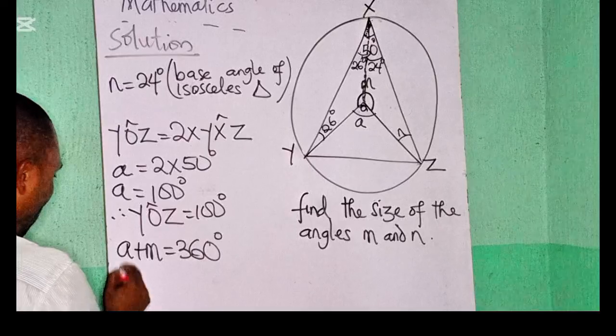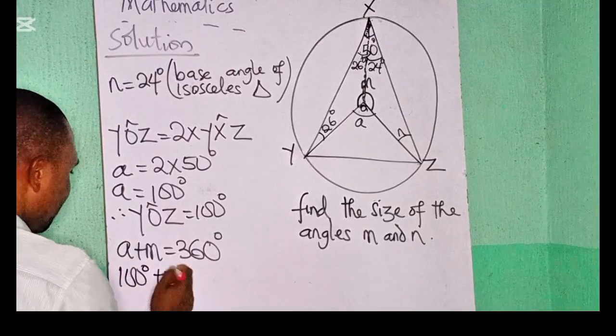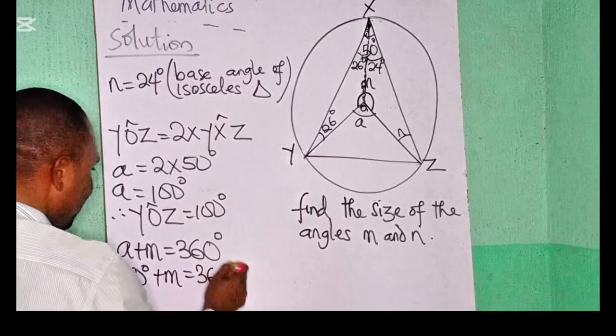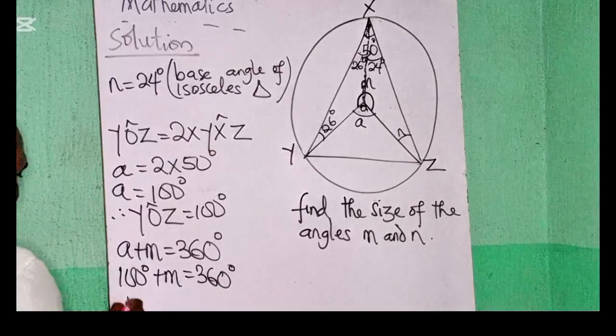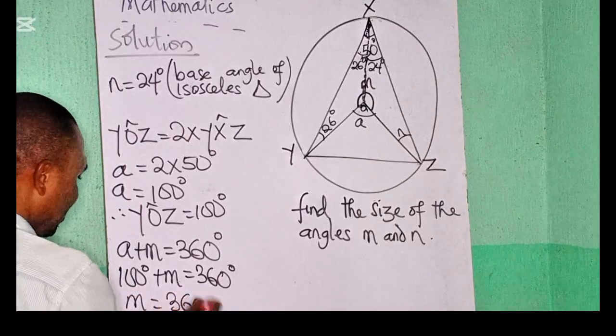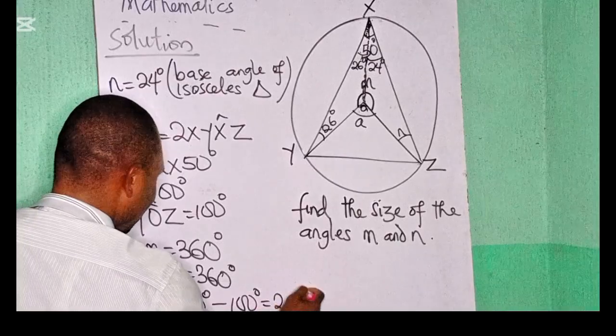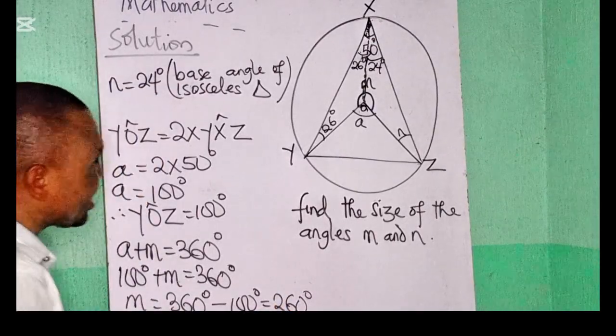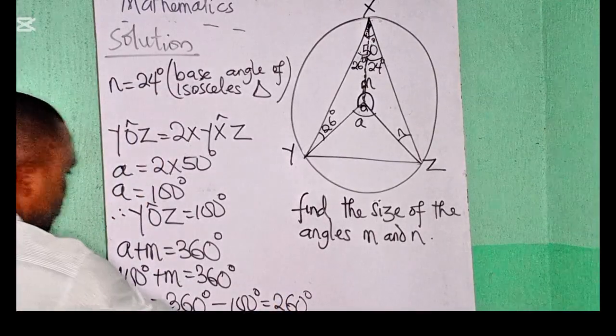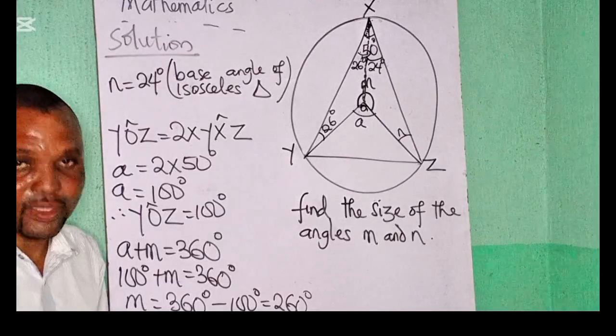Now, my A is 100 degrees, plus M equals 360 degrees. So my M now equals 360 degrees minus 100 degrees, and that gives us 260 degrees. So the reflex angle, which is M now, is 260 degrees. Is that clear?